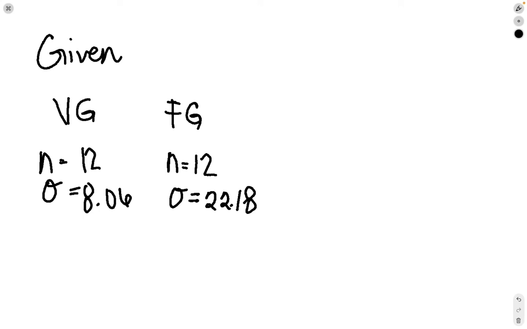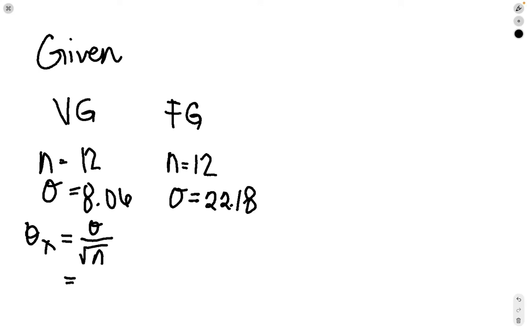Okay, so we are asked to compare the standard error of the mean of these two groups. So the standard error of the mean has the formula: standard deviation all over the square root of the sample size.